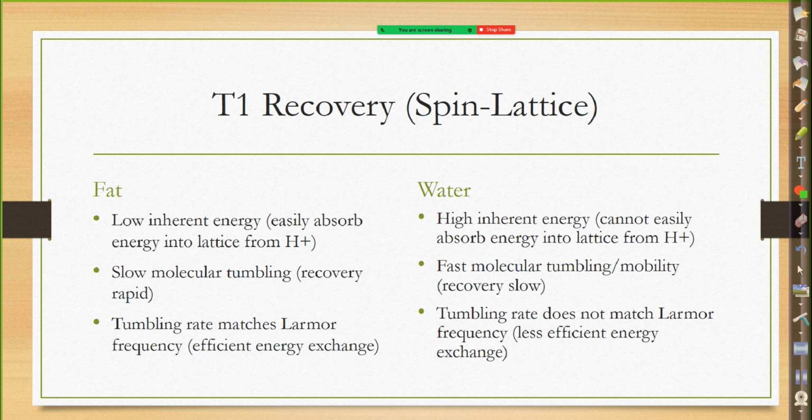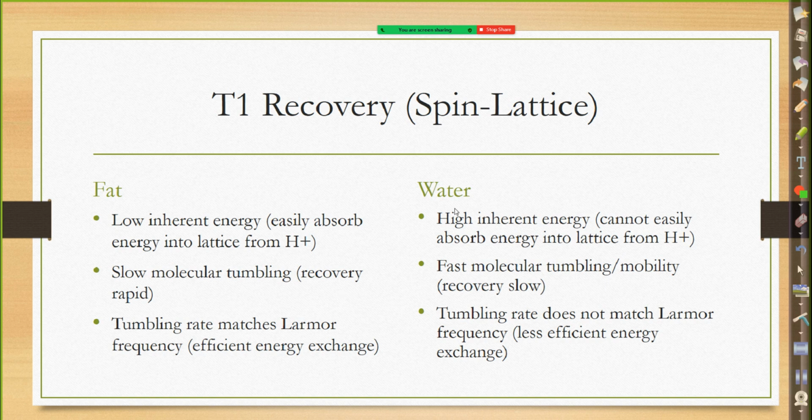So the recovery is also going to be rapid because the tumbling rate actually matches the Larmor frequency a little bit better than the tumbling rate for water. So when it matches, we get better resonance and a more efficient energy exchange.